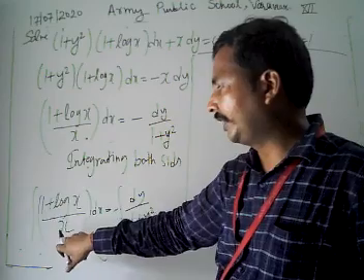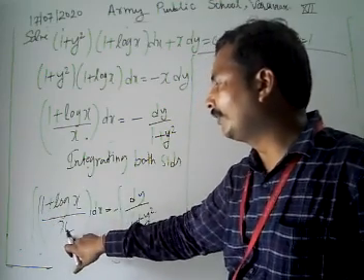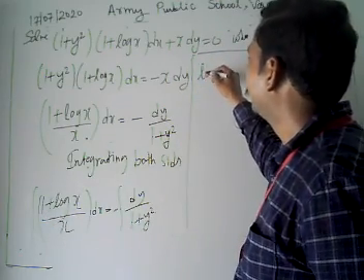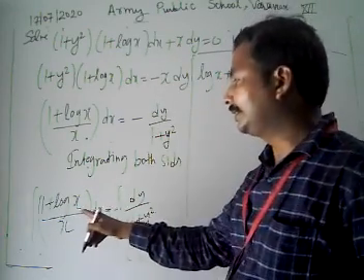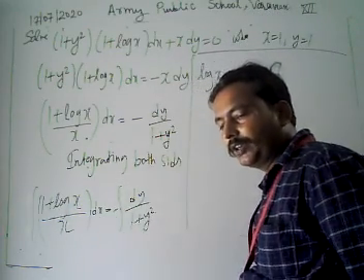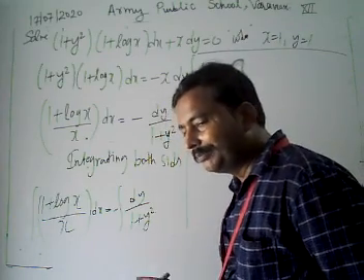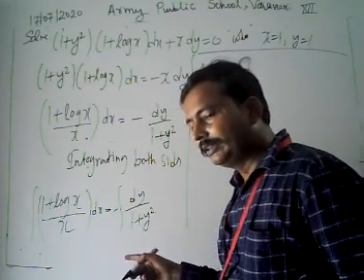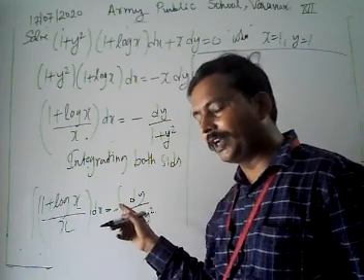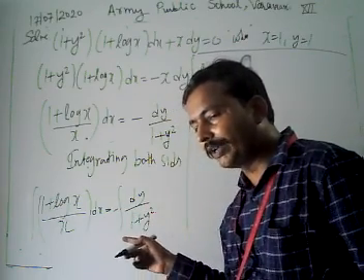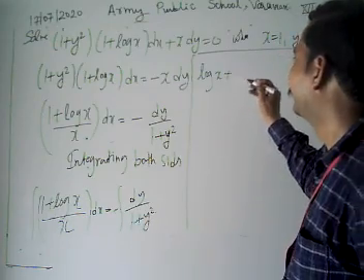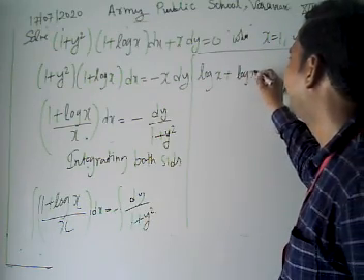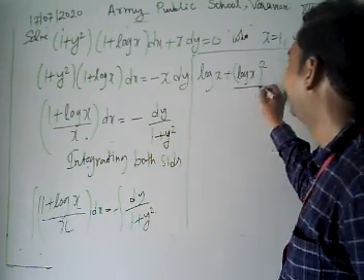By x, we take the integration of 1 by x, which is log x, plus the integration of log x by x. Taking log x as t, then 1 by x dx is dt, and the integration of t is t square by 2, so we have log x whole square by 2.